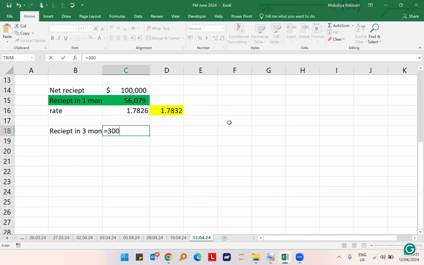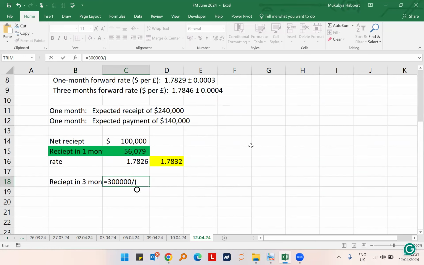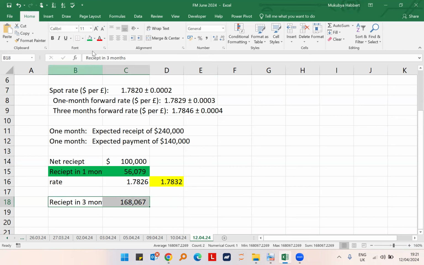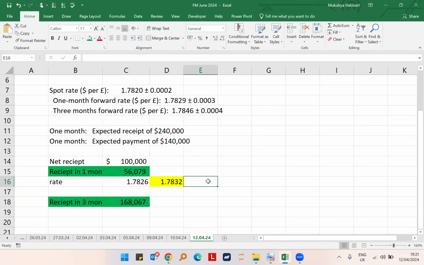So that is 300,000 divided by the sale rate, which we have identified as 1.7846 plus 0.0004. If you understood that, you don't have to go through the other steps. You can just do it in one line. So that's how you get the expected receipt in 3 months' time. Remember, these are pounds.